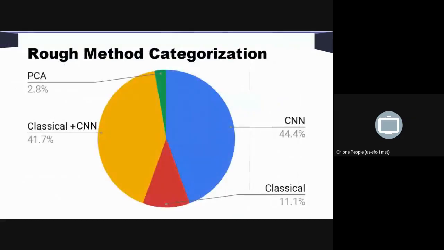And if you look at the breakdown of what types of methods participated this year, we ended up having about 44% being purely neural end-to-end, about 40% being existing codec plus some neural network to enhance it, and about 11% were just perhaps VVC or H.265.